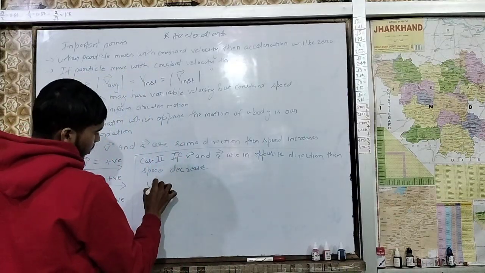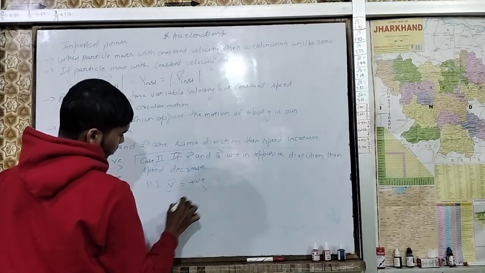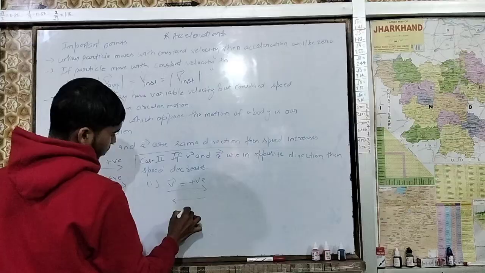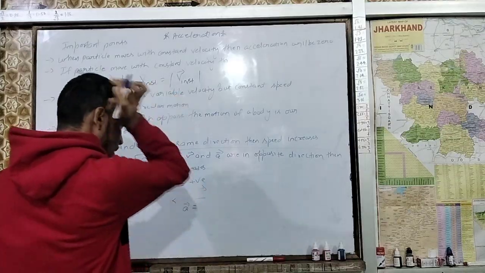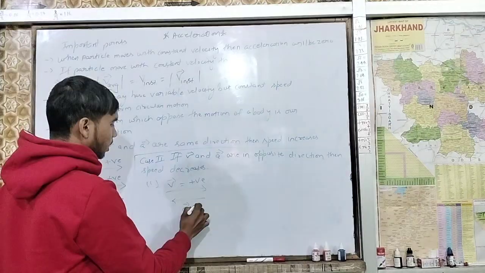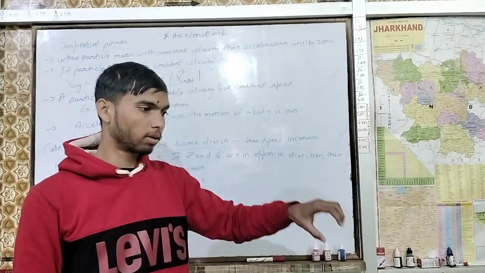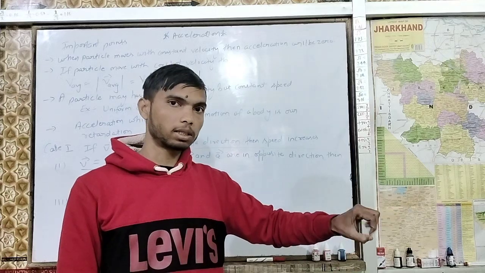Means if velocity is in this direction and the acceleration is in this direction, in that case speed will decrease. Vehicle is going in this direction. When external brake will be applied, then what will happen?